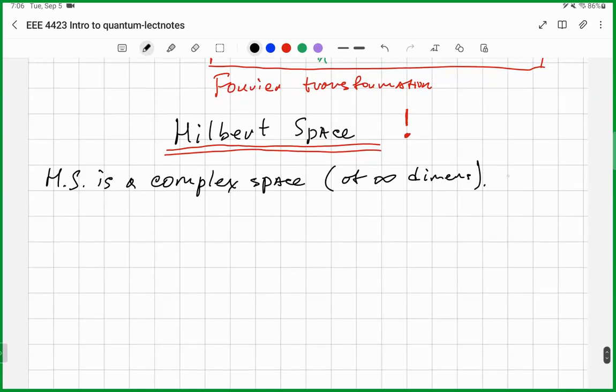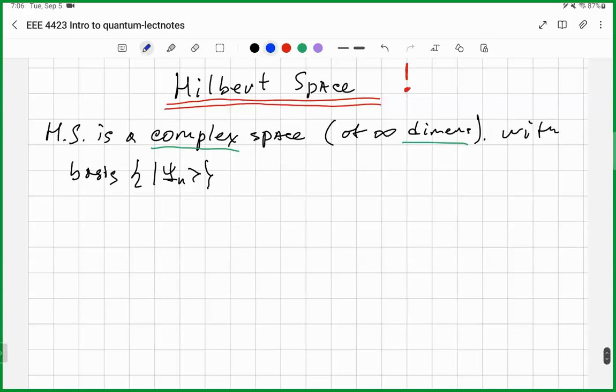And another key point here is complex. So the space is complex. We use complex numbers to represent the vectors here in the space. And let's also write with basis, and let's denote this basis like this, psi_n, like this.